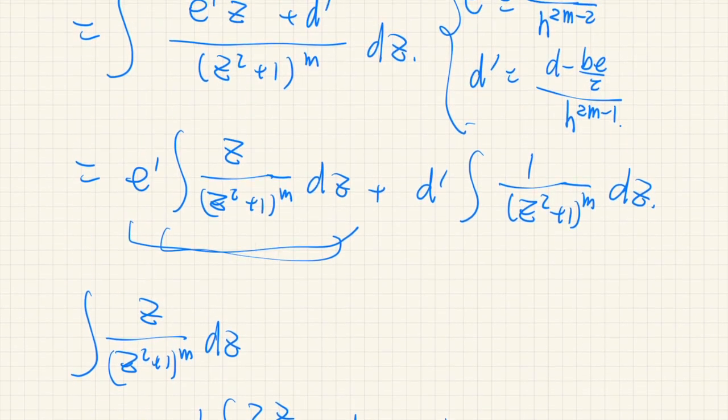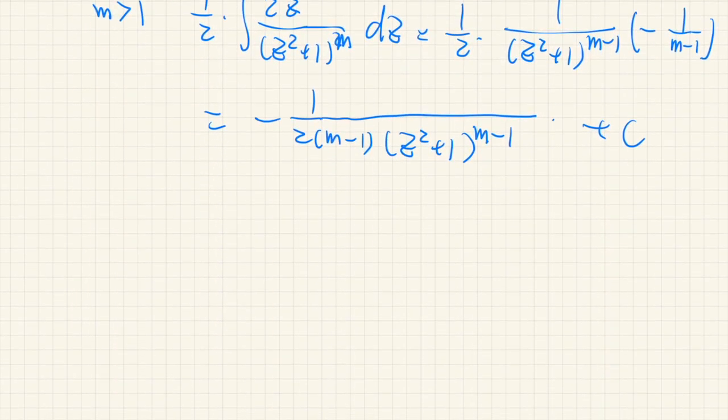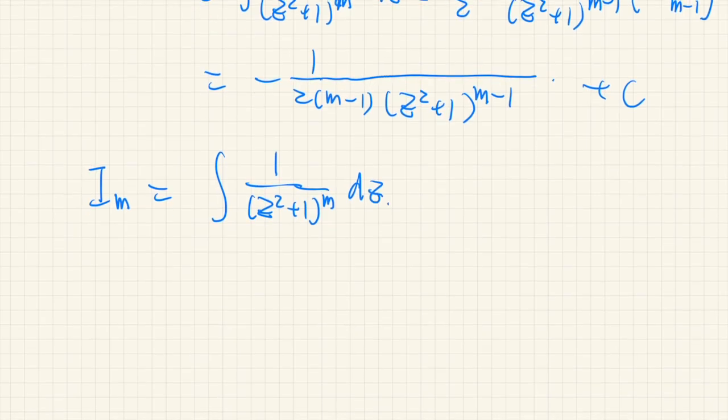And the remaining part, you should be familiar with this already, because we did this integral when we studied integration by parts. So let's put I_m equal to the integral of 1 over (z squared plus 1) to the power of m. If you remember, I_1 is just arctangent.